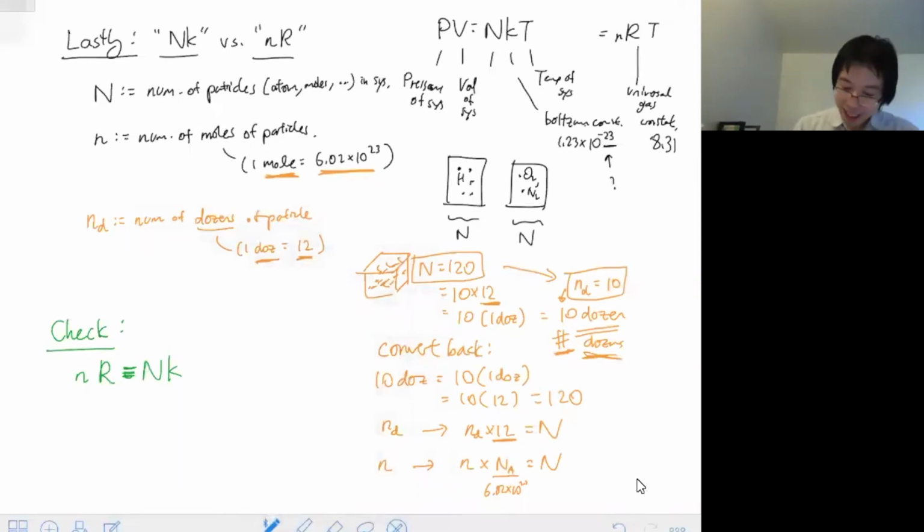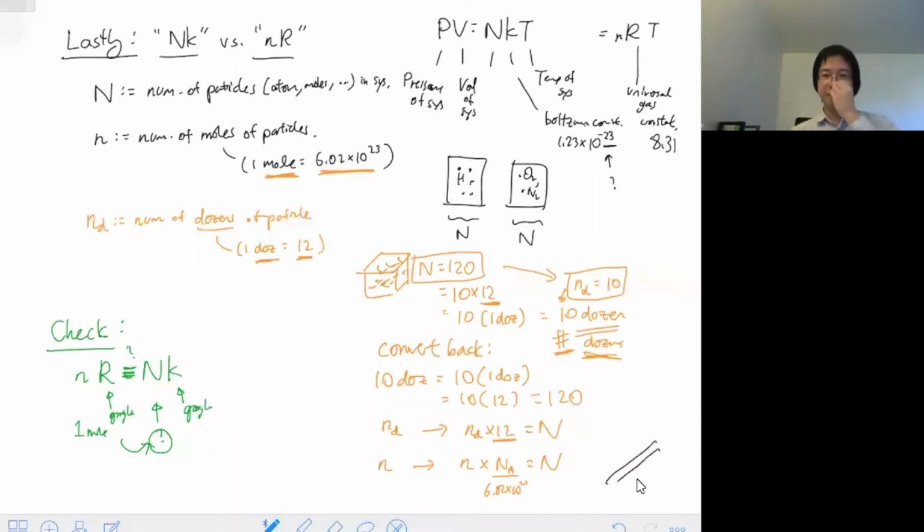So find this value, plug in, let's say 1 mole, and find out how many N is 1 mole, and then check if this is equal. It should be. So that's the end of this chapter.